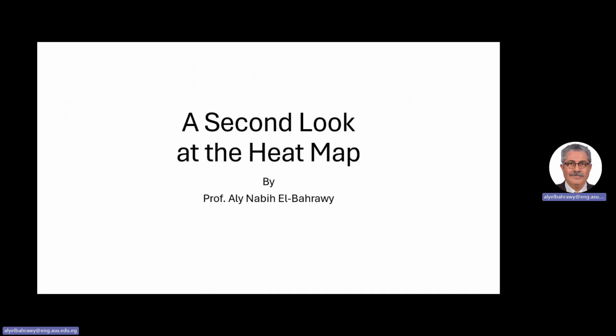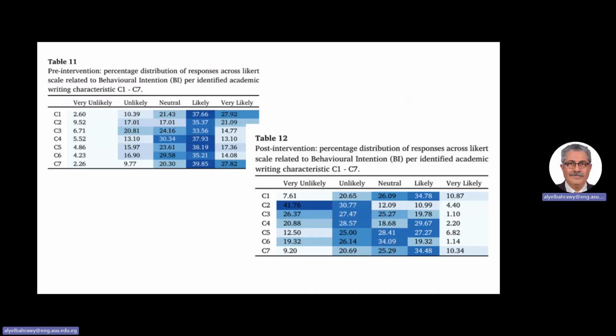I myself, because I'm very interested in infographics, had a second look at the heat map. This is a heat map shown for Table 11 and Table 12. The purpose of the heat map: the intensity of the color denotes a higher value, as you can see.